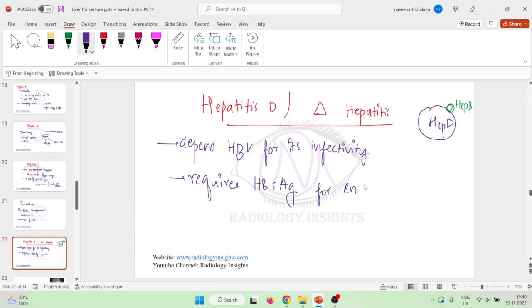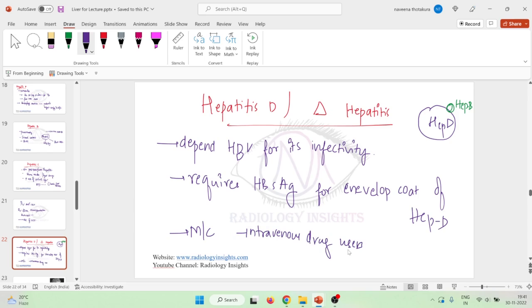Hepatitis D will require HBsAg for the envelope coating of the hepatitis D virus. This hepatitis D virus is most common in intravenous drug users. In intravenous drug users, hepatitis D is most common.